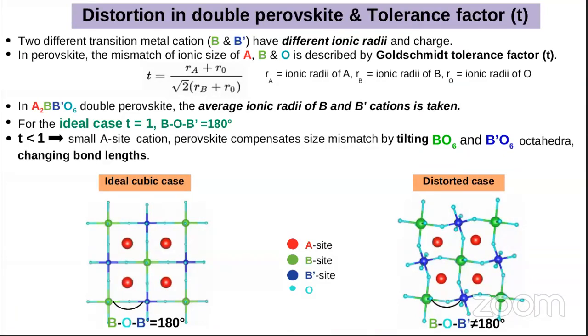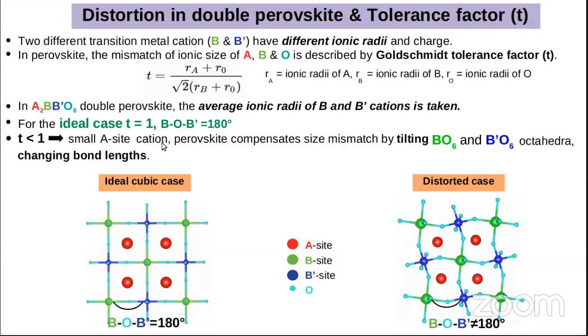Next, the distortion in double perovskites and the tolerance factor. In perovskites there is an ionic size mismatch of A, B, and O, and this mismatch is described by the Goldschmidt tolerance factor t with this formula, where Ra is the ionic radius of A, Rb is the ionic radius of B, and Ro is the ionic radius of O. In the same way, in double perovskites the ionic size mismatch is also described by this t factor, where we take the average of the ionic radii of B and B' cations.